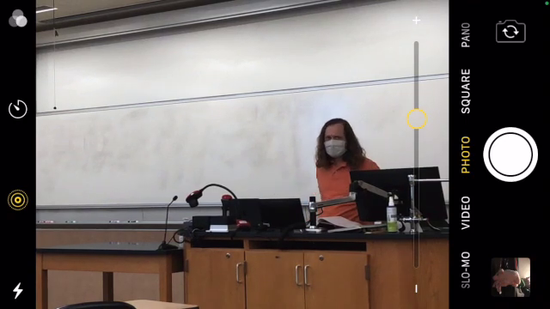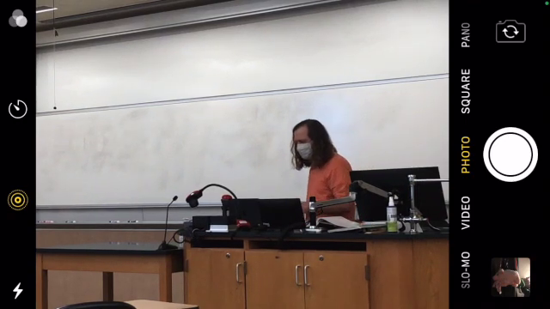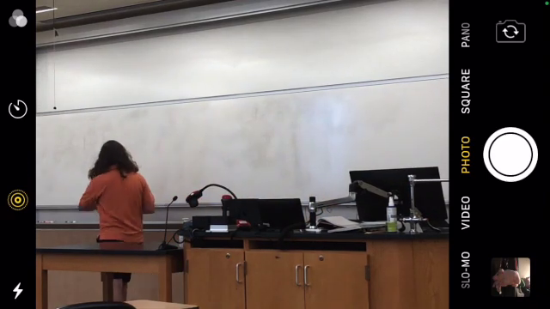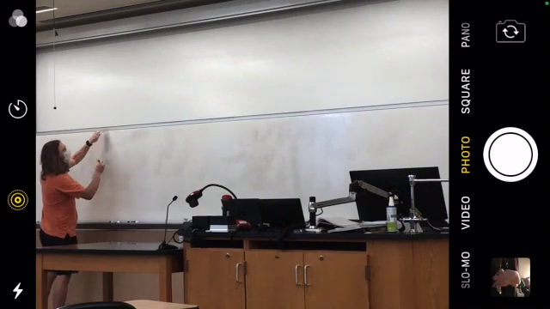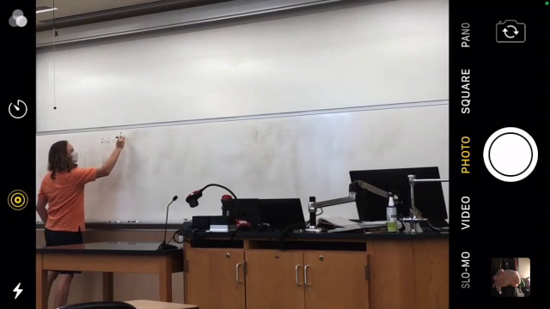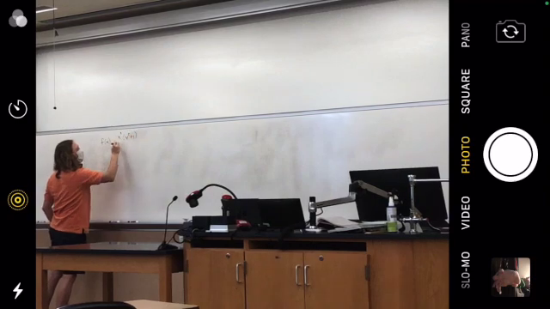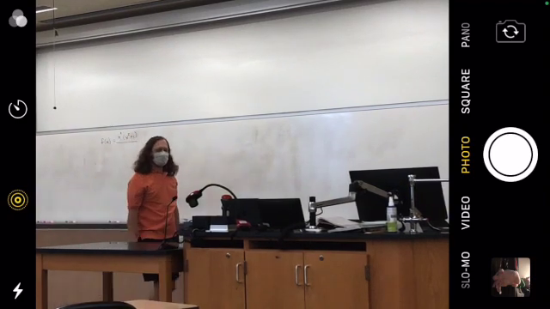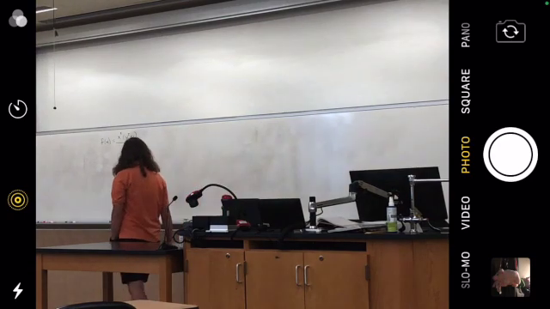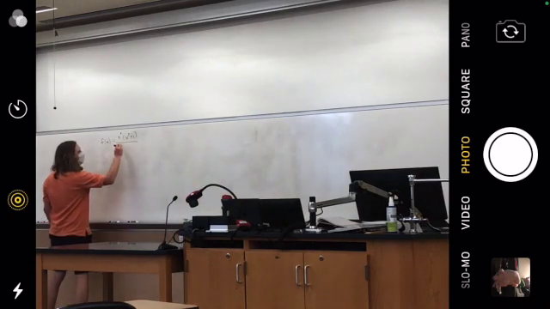All right. So I wanted to do maybe a warm-up problem. Let's say we have f of x is x cubed times x squared plus 1 divided by 3x minus 1.